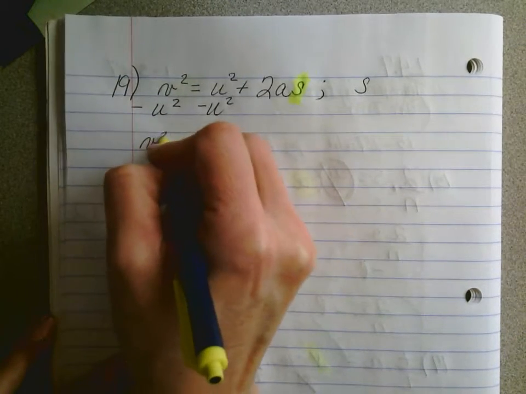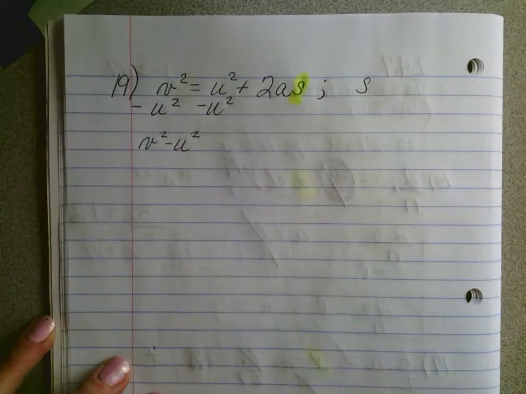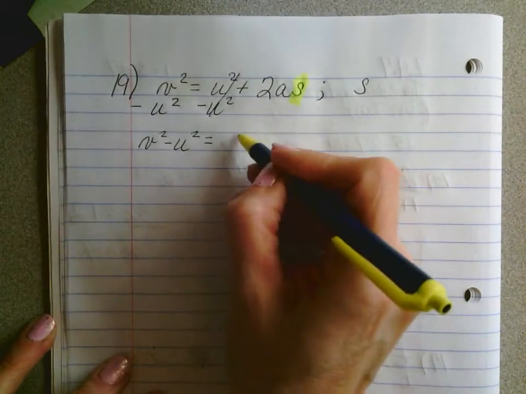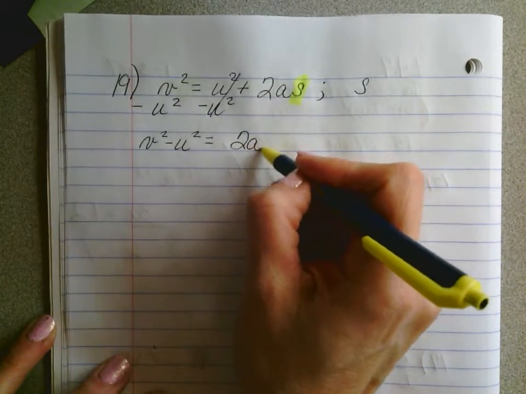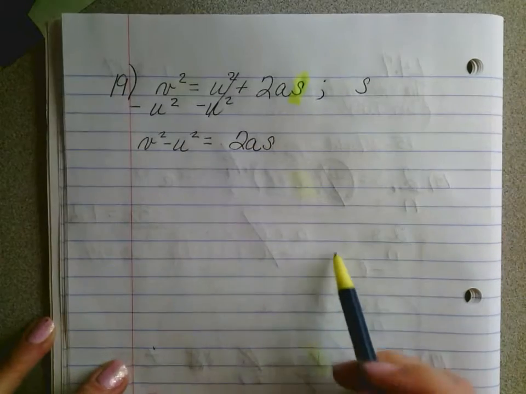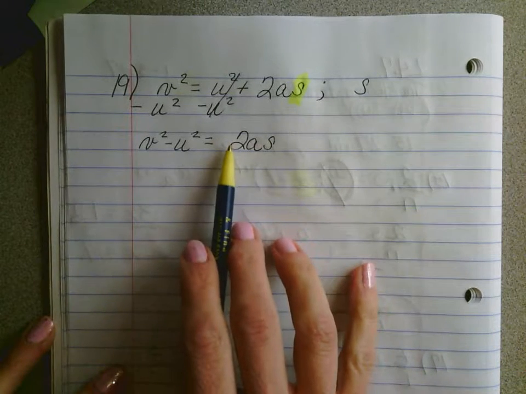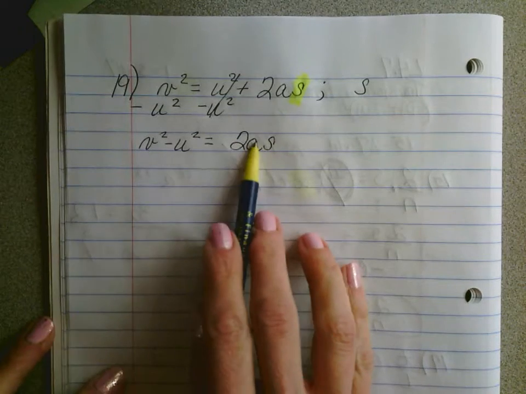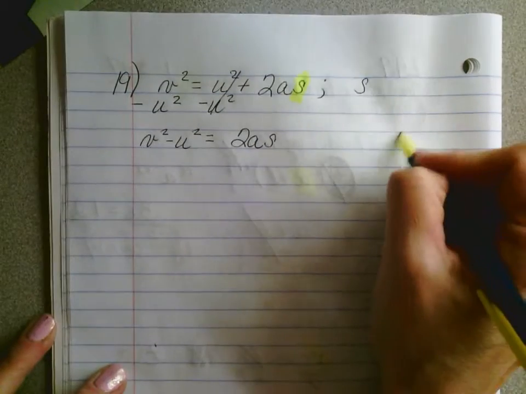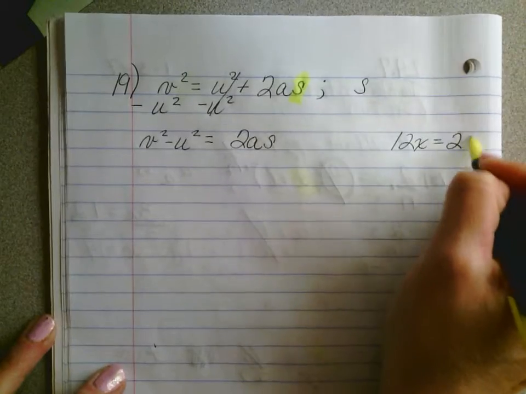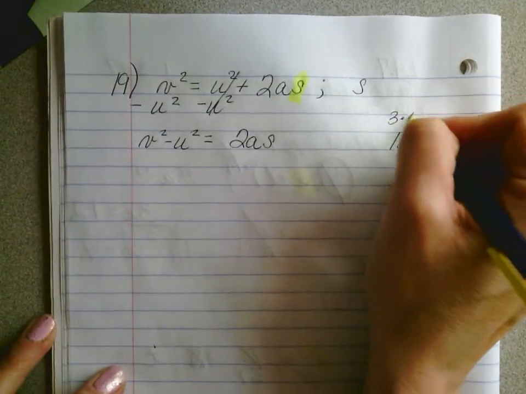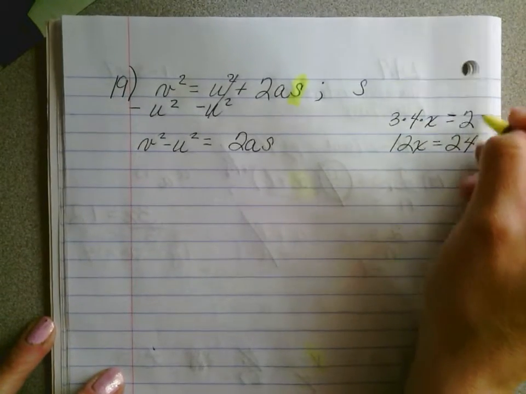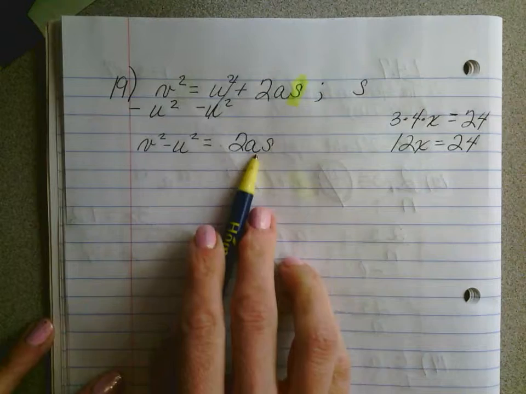So now I have v squared minus u squared on the left is equal to, these become a 0, 2 multiplied by a multiplied by s. This is just like 3 times 4 times x, or 12 times x. What can we do with the 2 and the a to try and extract it from the s?